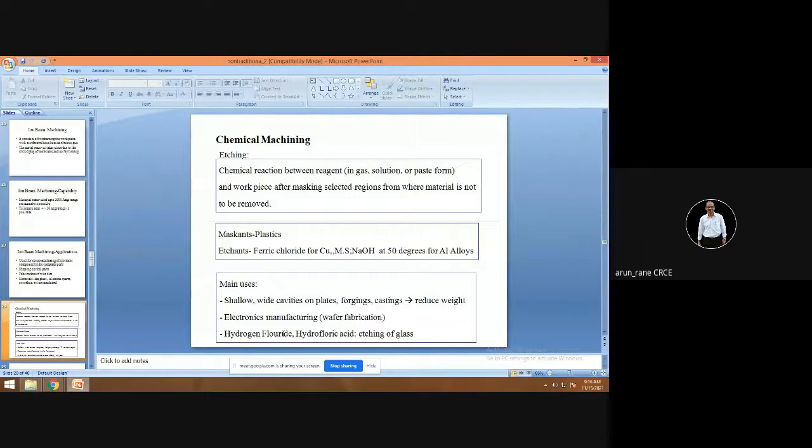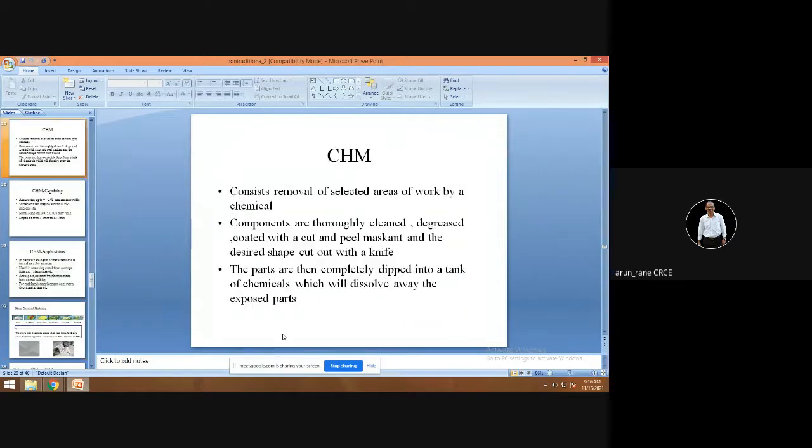It is popularly used. Then hydrochloric acid, it is used for glass etching. So this is CHM, which usually stands for chemical machining.